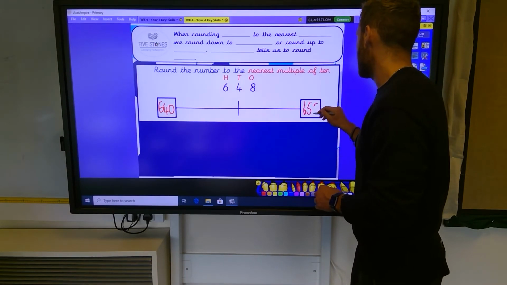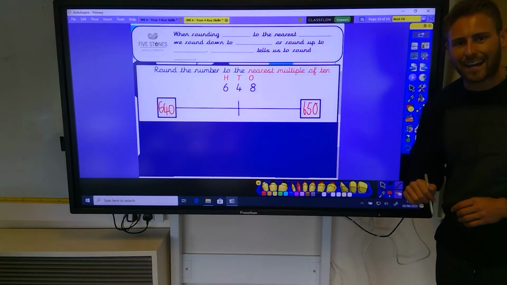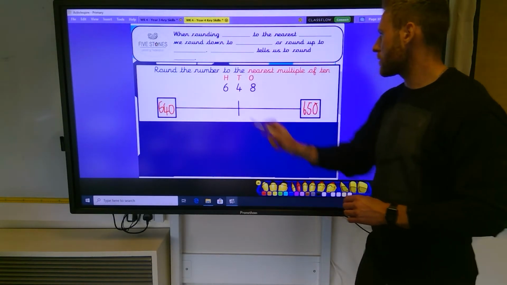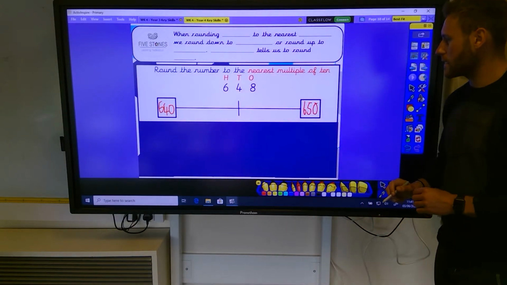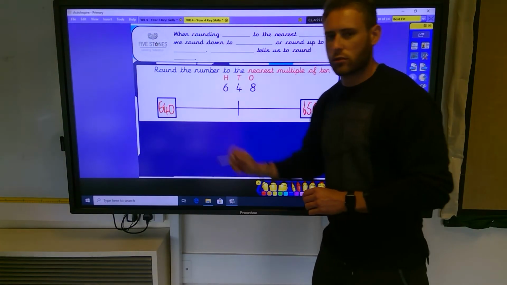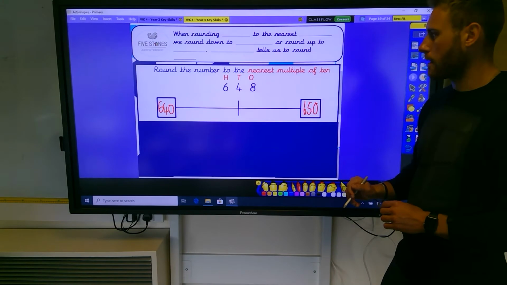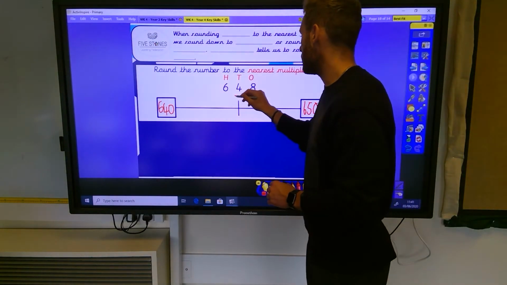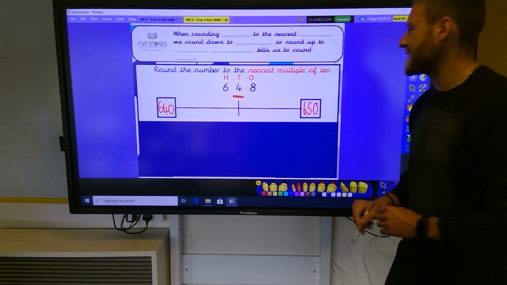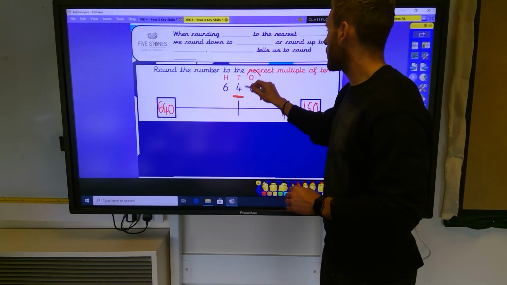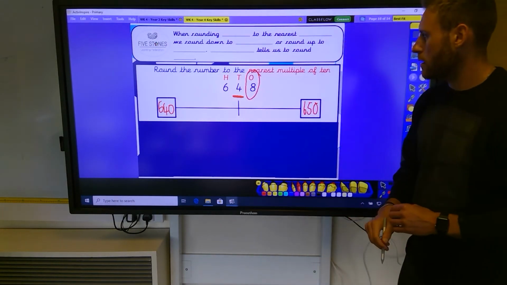So now I need to decide whether this number here, 648, needs to round down to 640 or round up to 650. To help me do that, because I'm looking for the multiple of 10, I'm going to look in my ones column.